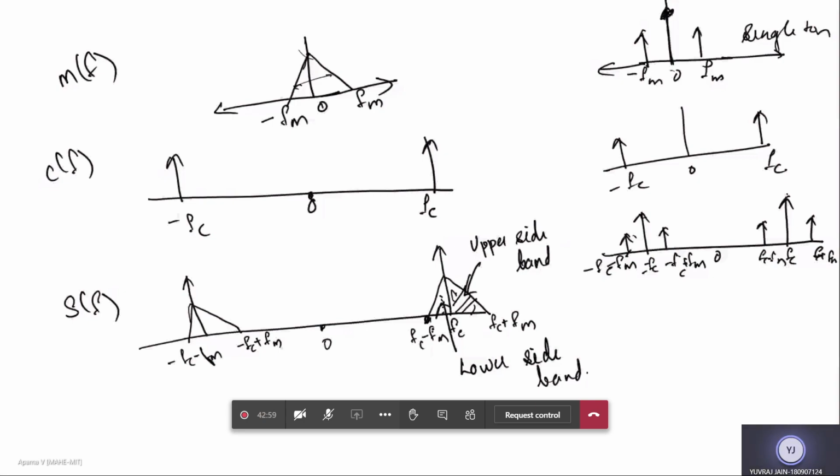Excuse me, ma'am. So basically this copy pasting thing is we have done convolution. Yes.